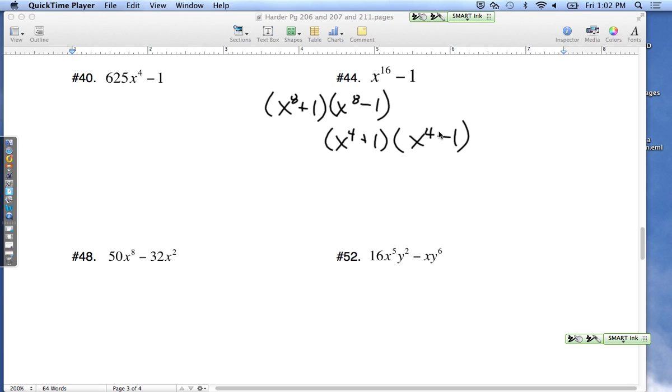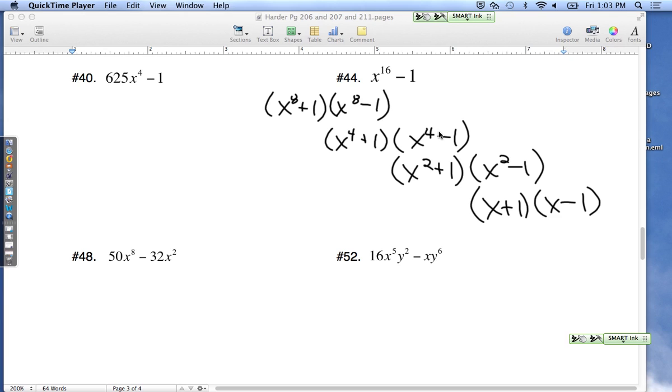X to the 4th minus 1 is x squared plus 1 times x squared minus 1. And then x squared minus 1 is x plus 1 times x minus 1. So your final answer would be all the factors that I'm underlining in red. That would be your final factored answer for number 44.